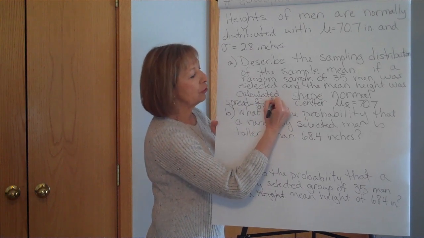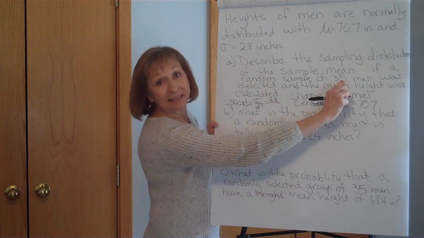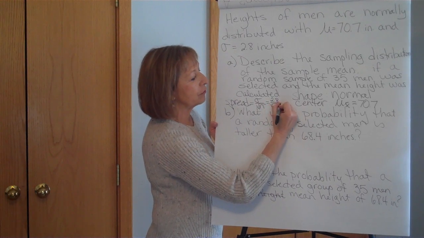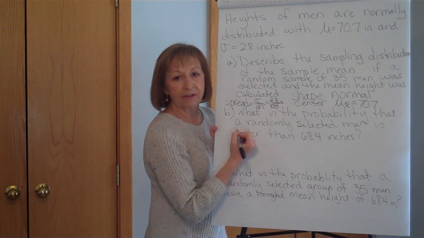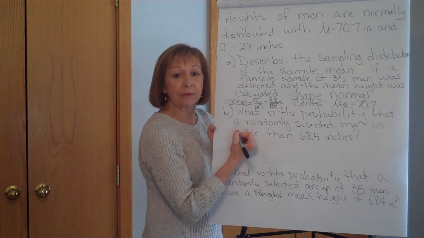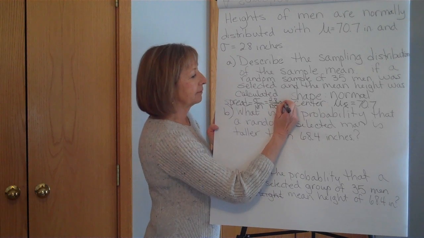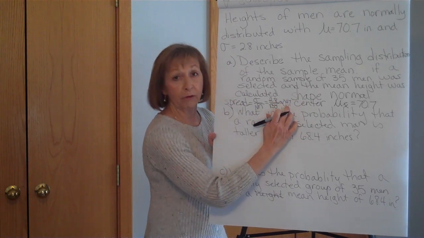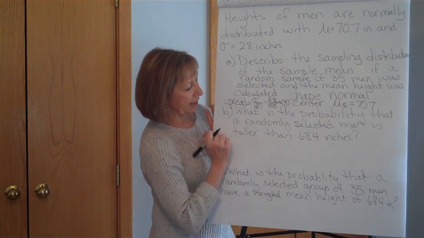So that's 2.8 divided by the square root of 35, since we randomly sampled 35 men. When you calculate that out, that's approximately equal to 0.47329. So I'll just write 0.47. So there's my shape, my center, and my spread.